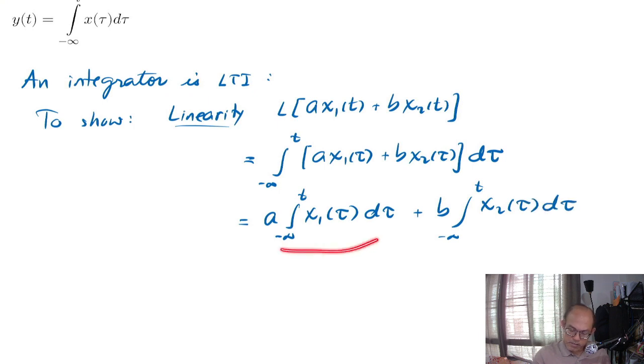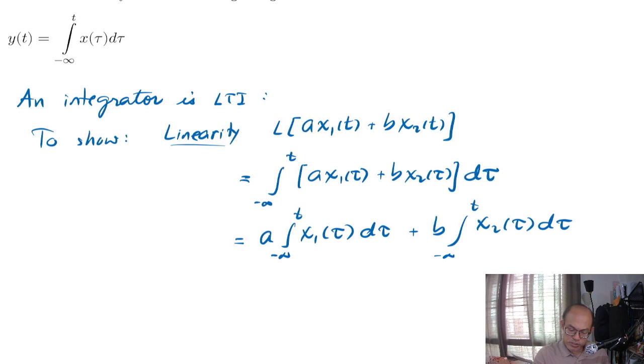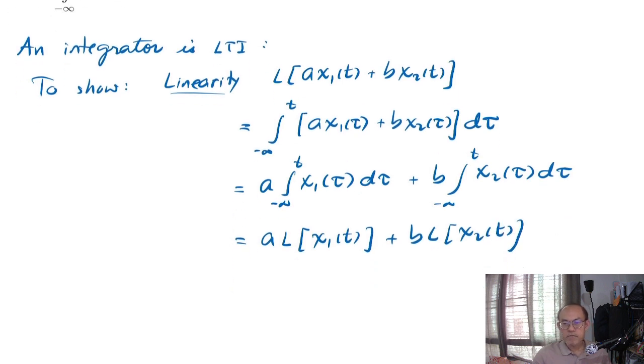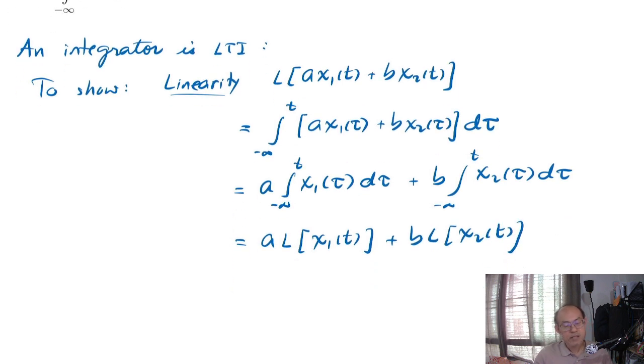But this, from our definition, is just y1, and the other term here is y2. Actually, it is a L x1 plus b L x2. So from this last step we know that the system is linear.